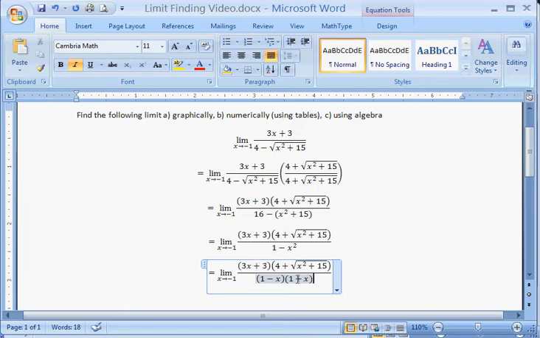Do you see anything like that on the top? Well, I notice this term has a 3 in everything, so I could factor out the 3. Now, notice that I have an x plus 1 on the top and a 1 plus x on the bottom. Remember, addition is commutative, so x plus 1 and 1 plus x are exactly the same.